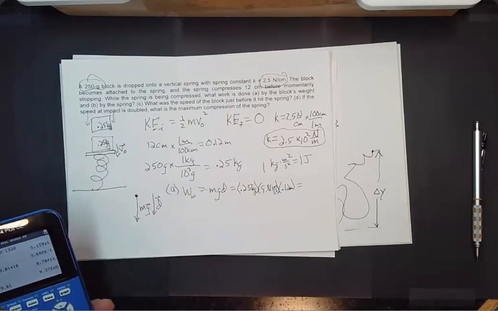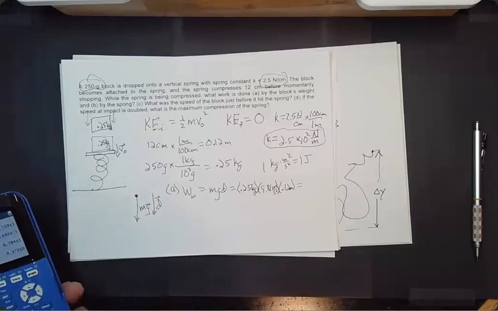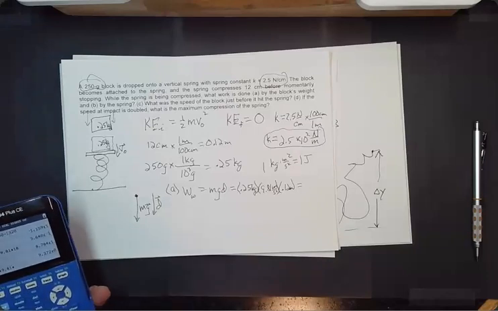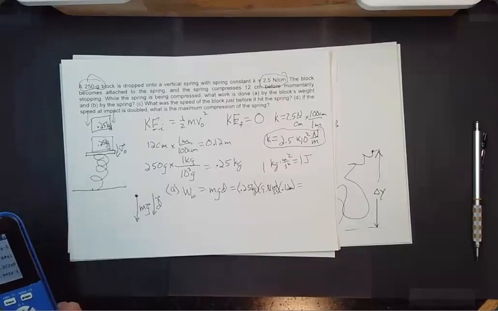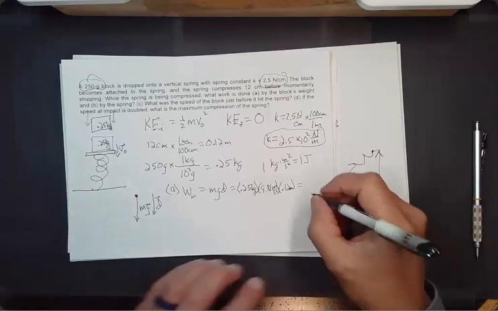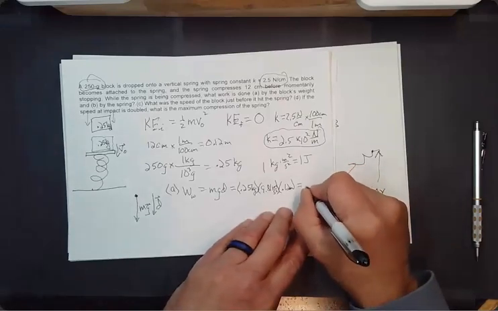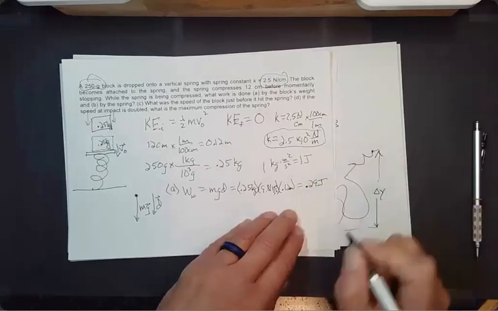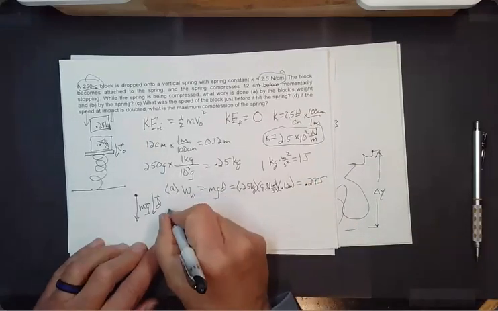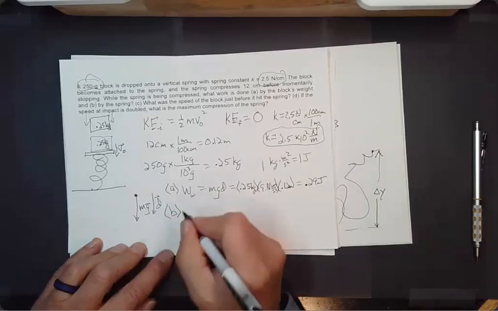And I get about positive 0.29 joules. All right, what about the work done by the spring?